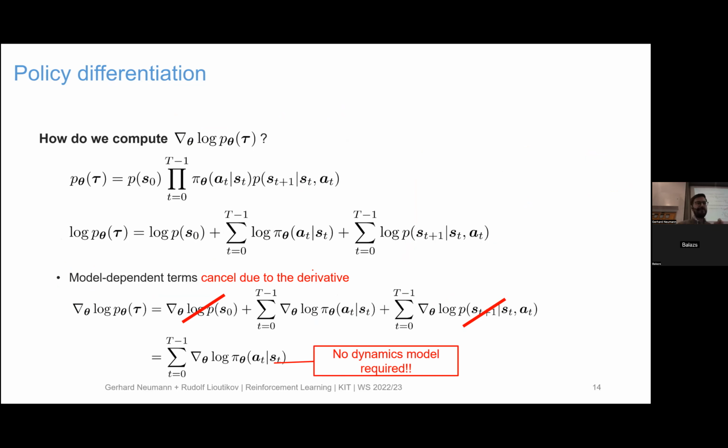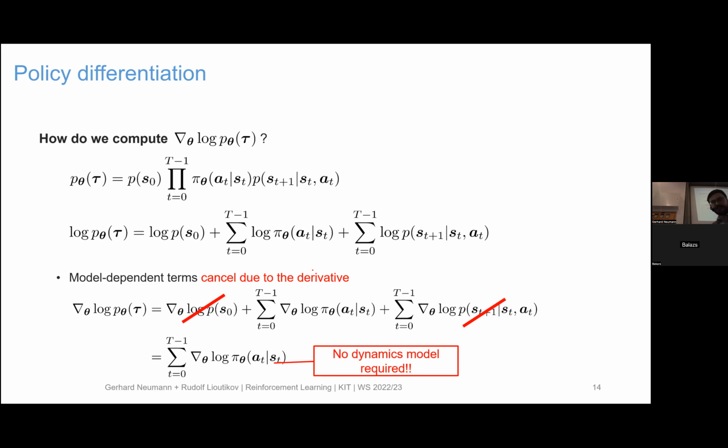For the trajectory distribution, we had this huge product here over all the steps. And this is now a sum. That's just what the log does. Great. So we have the log of the probability of the trajectory distribution is the log of the initial state distribution plus the sum of all the logs of the policies plus the sum of all the logs of the transitions.